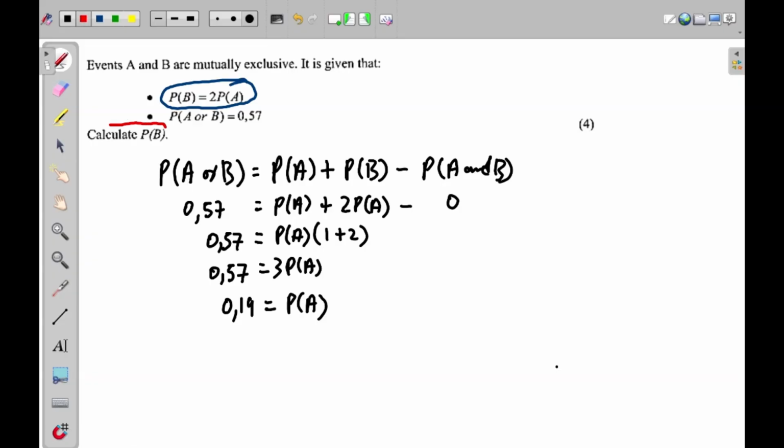Your question actually requires you to calculate the probability of B. So please beware. To calculate the probability of B, we say the probability of B is twice the probability of A, so it must be twice 0.19. And I'll leave it up to you to note that will become 0.38.